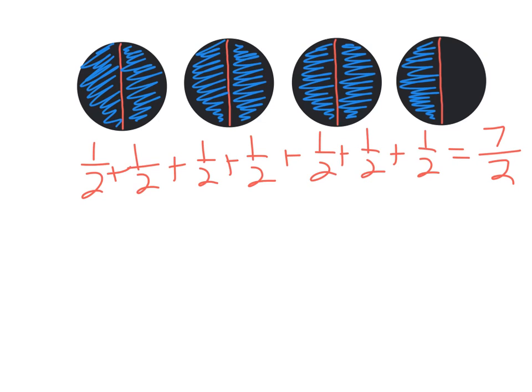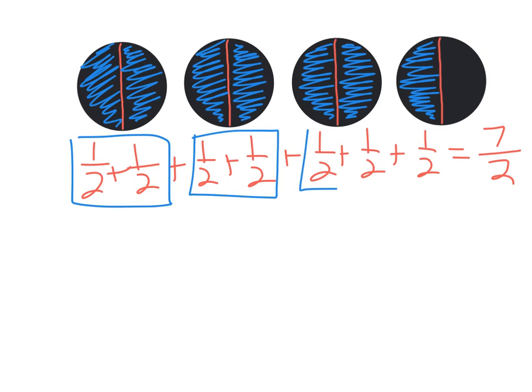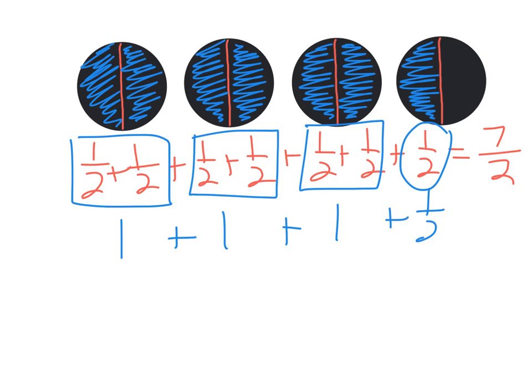Okay, so this part here represents 1 whole. This represents 1 whole. This represents 1 whole. And that's a half by itself. So I have 1 plus 1 plus 1 plus 1/2.